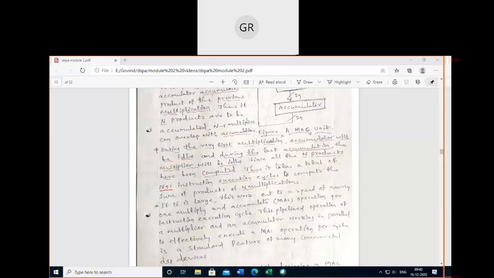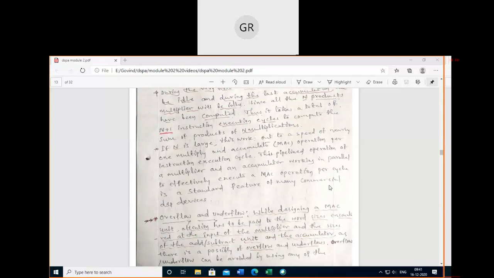Thus it takes a total of n plus 1 instruction execution cycles to compute the sum of products of n multiplications.